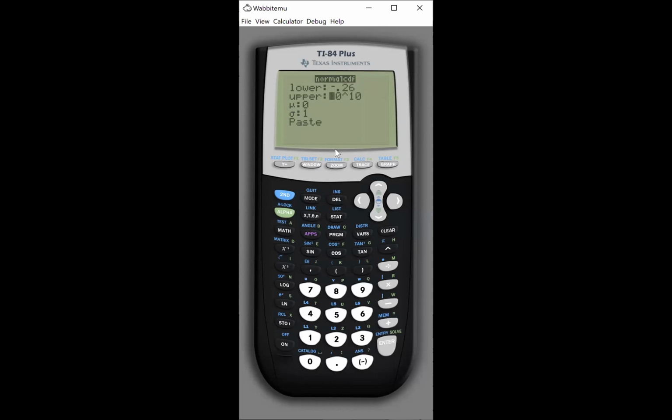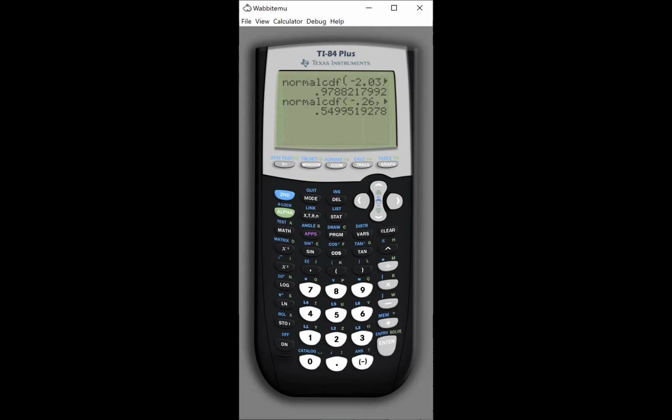My upper bound should be 1.62. We go over here, paste, and you get 0.54, or pretty much 0.55.